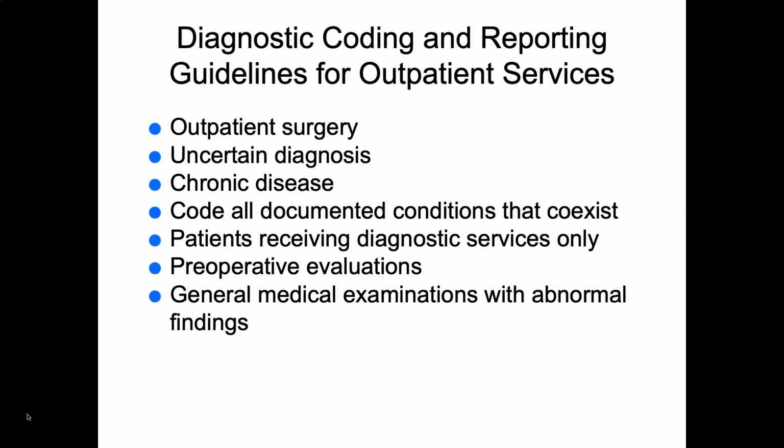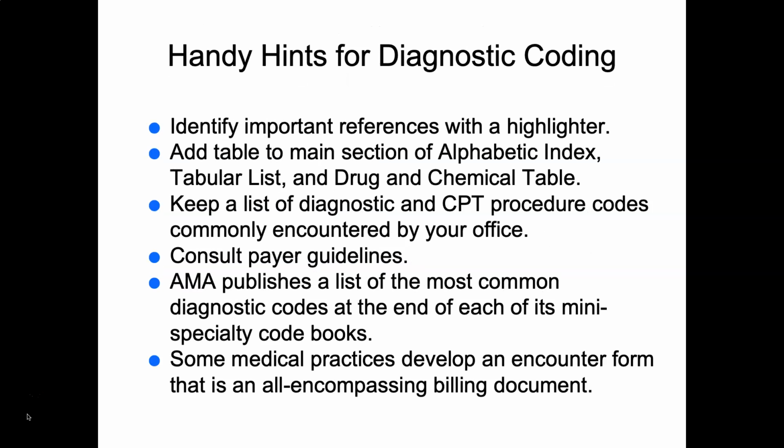This is starting on page 251 is where this information is, and you can take a look in here. It talks about rule out and other things. And then these are some hints.